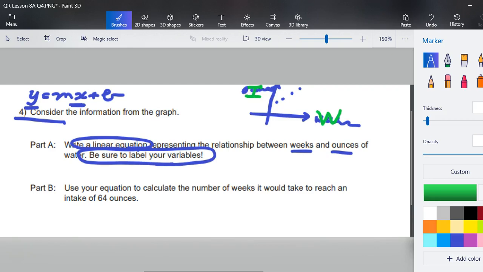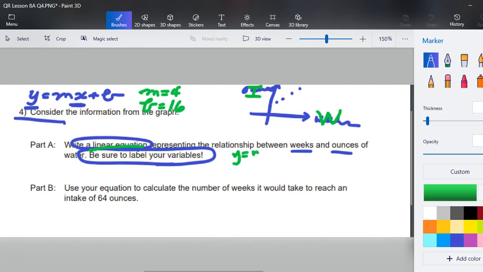With that being said, from the last question, we found that the slope is 4. It's 4 ounces for every 1 week. And we also found that our y-intercept is 16. We cross the y-axis at 16. And with these pieces of information, we can create a linear equation that represents this relationship.